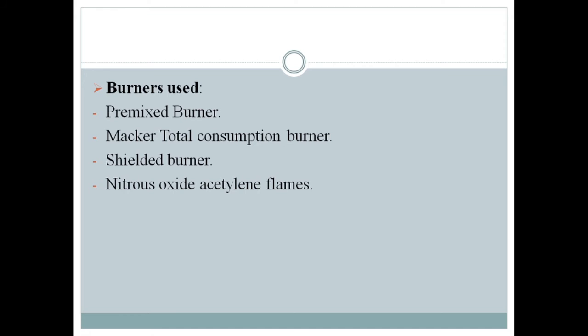Now the total consumption burner. As the sample solution is completely burned, it is called a total consumption burner. The fuel used in this case is acetylene, and the fuel is oxidized by an oxidizer, which is either air, nitrous oxide, or oxygen diluted with N2.